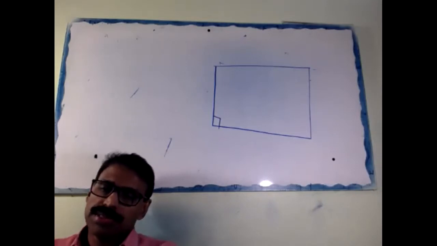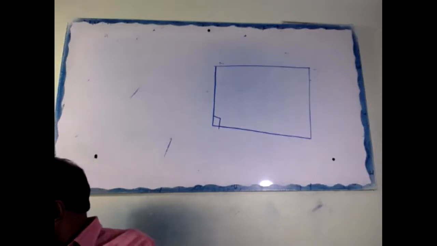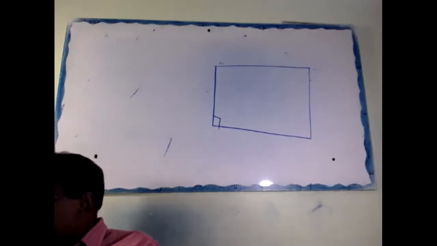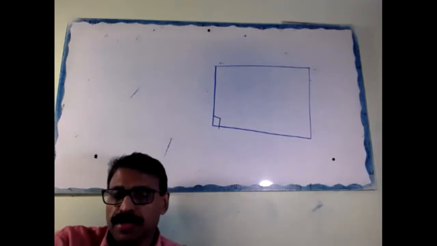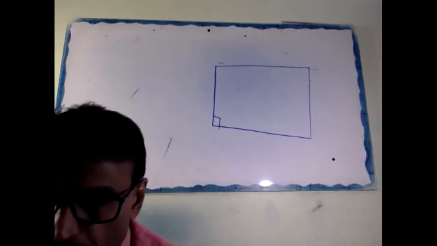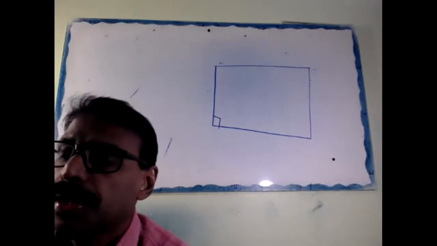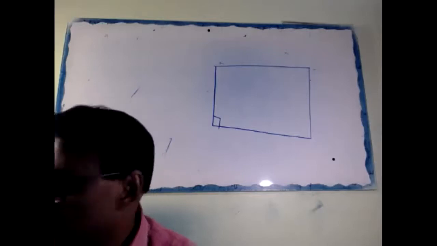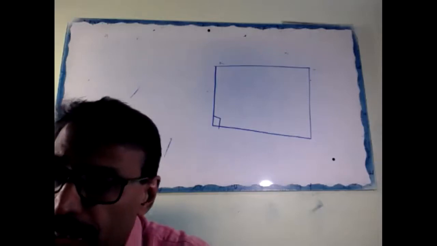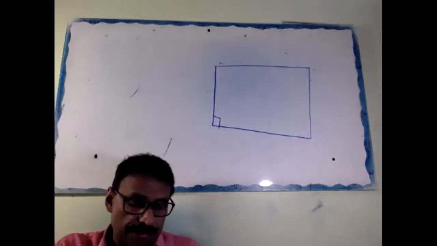Are you okay now? Is it okay? Because today we are starting this chapter. If you have a problem, tell me now and we'll discuss it. Otherwise, tomorrow we'll face the problem. So next, now we are going to study the details of the parallelogram. That's the main thing in this chapter.